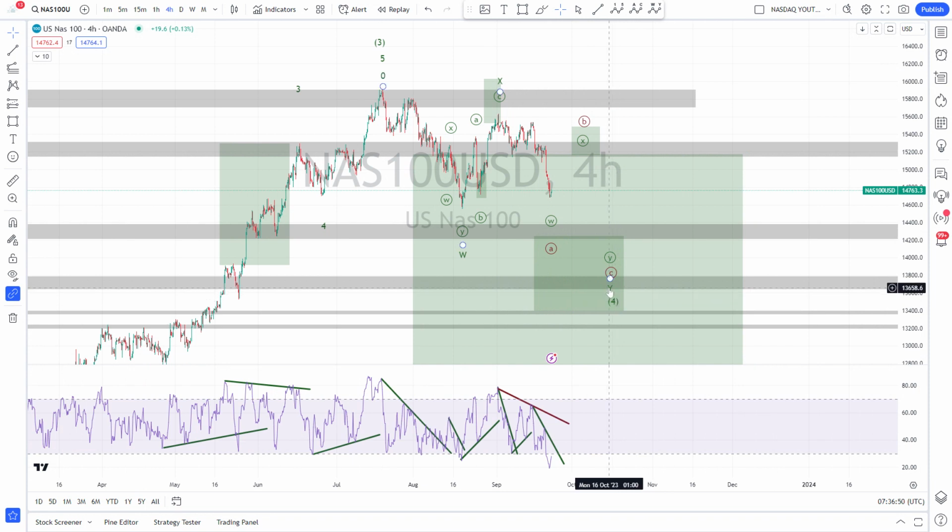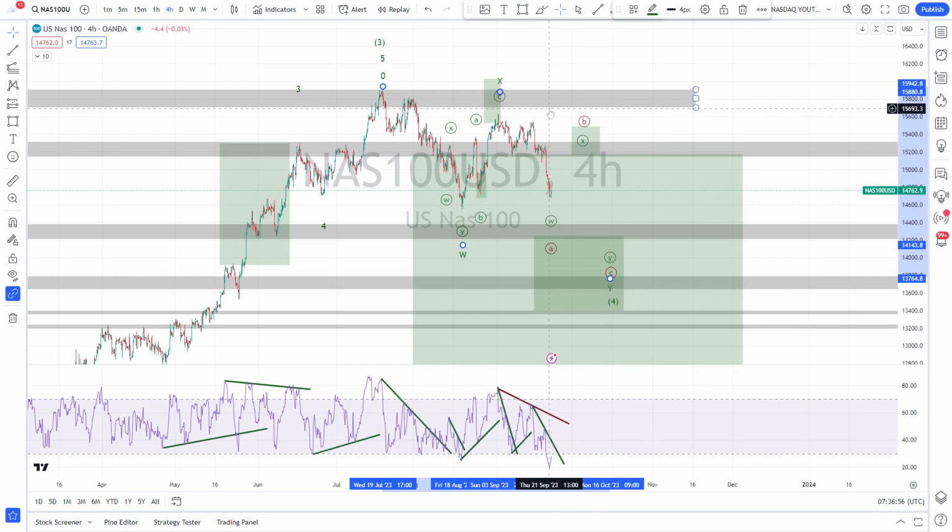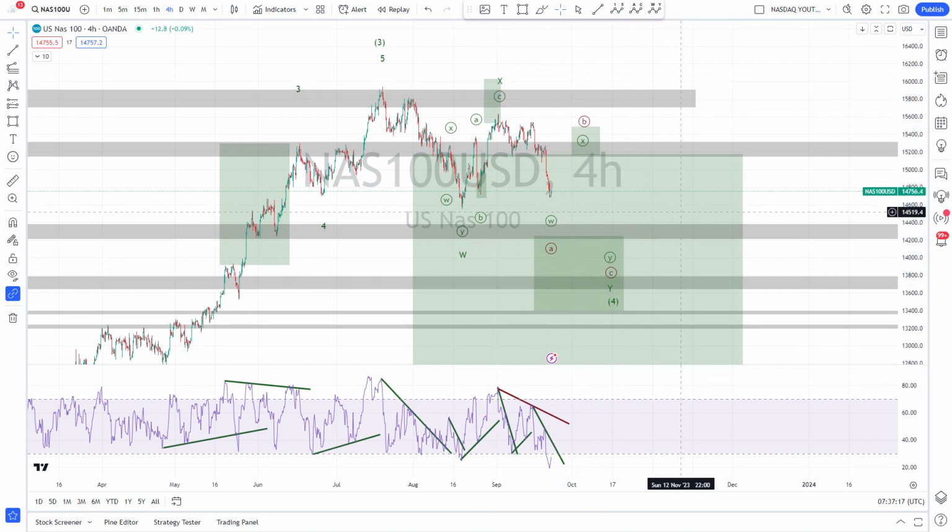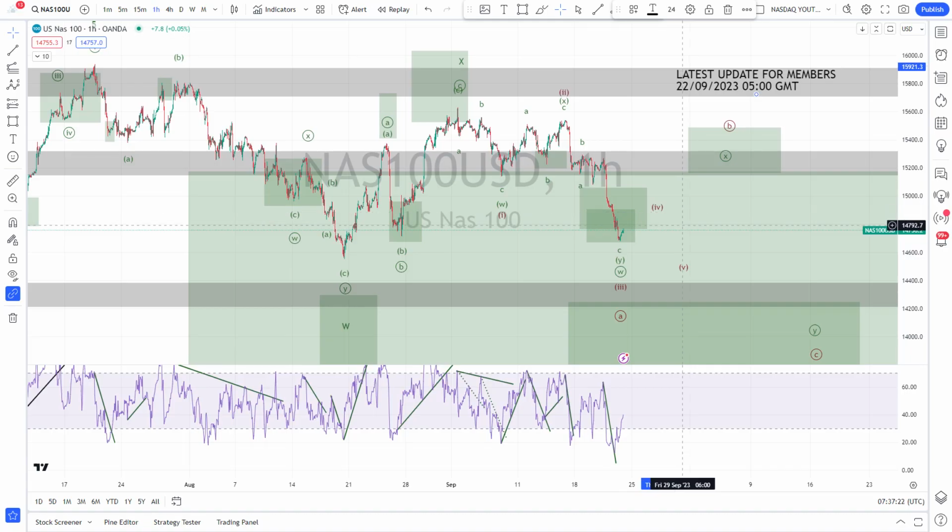So I think this wave Y is unfolding. Now the question is, which path will we take to this wave Y? And I think there are two possibilities, and they are quite close to each other. I think it might unfold as a wave WXY or as an ABC. We can have a closer look at this in the 1 hour.